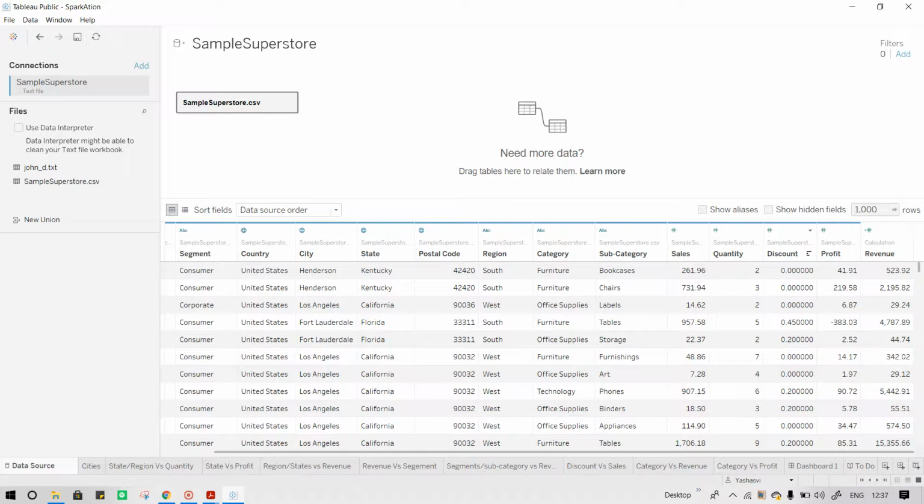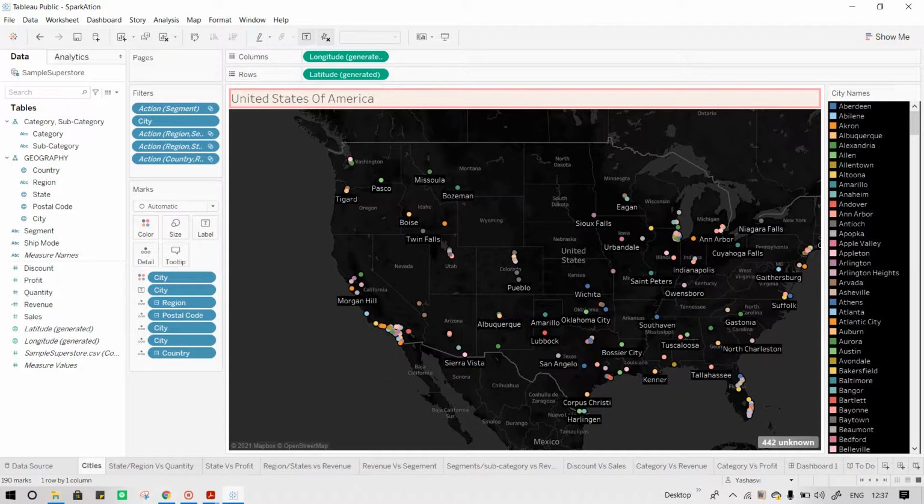As a business manager, the task given to me is to find the weak areas and improve over those areas. In this graph, I have plotted all the cities in the United States of America where stores were present.